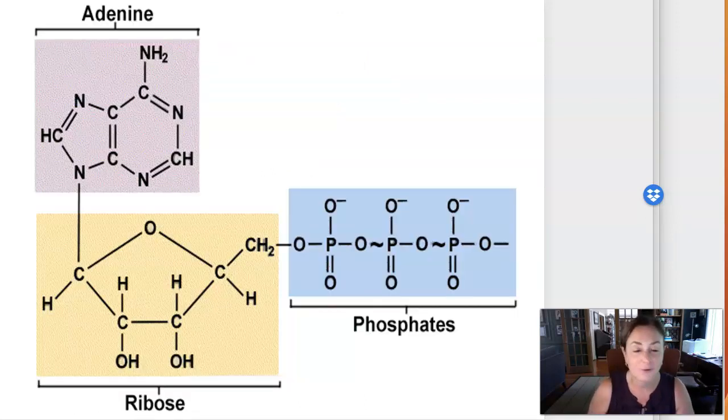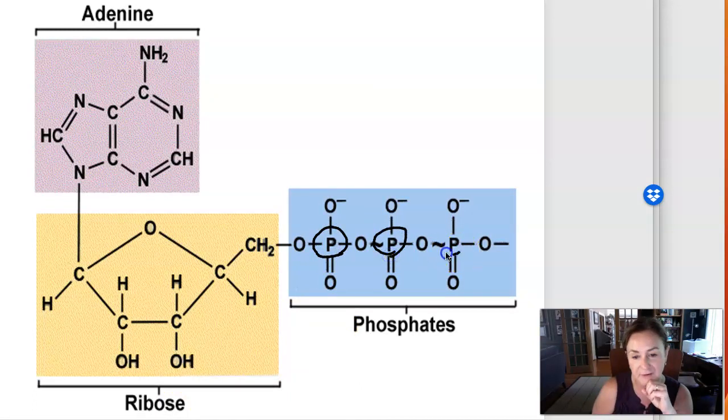I'm going back to chapter 2 here to show you this picture of ATP, adenosine triphosphate. The thing about ATP, which makes it so useful to our cells, is this phosphate tail. You can see here's one phosphate, here's the second, here's the third phosphate on this whole molecule ATP. Do you see how it dangles off as a tail? That's unfavorable in the cell.